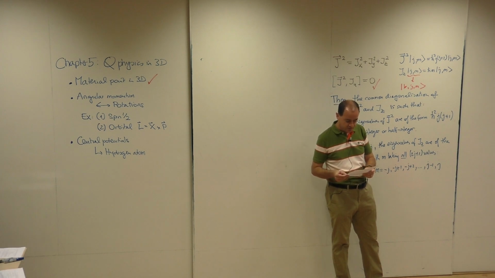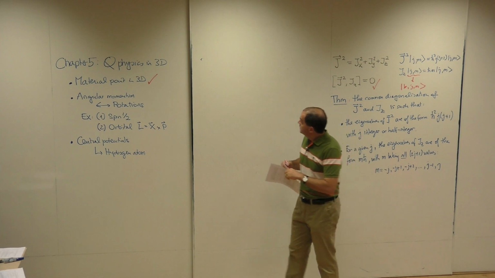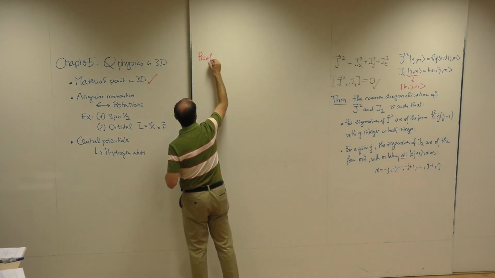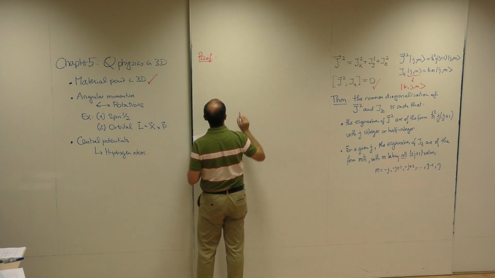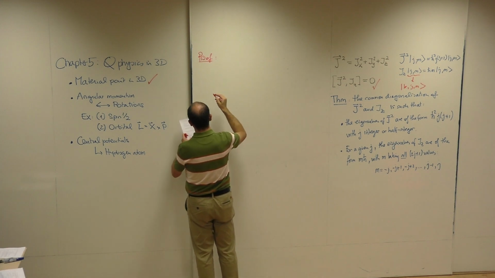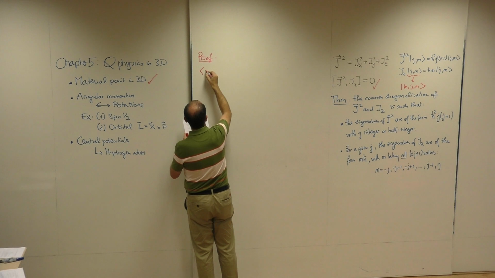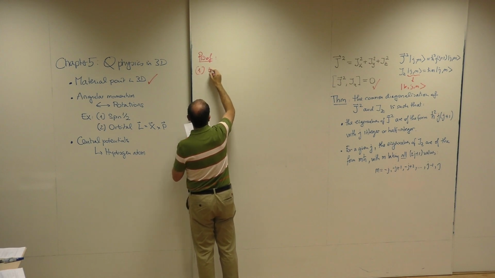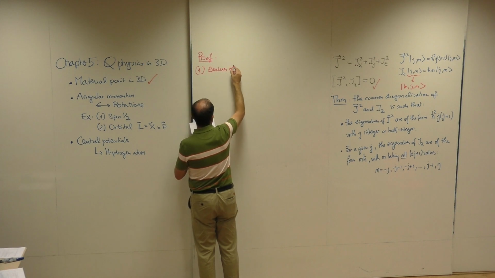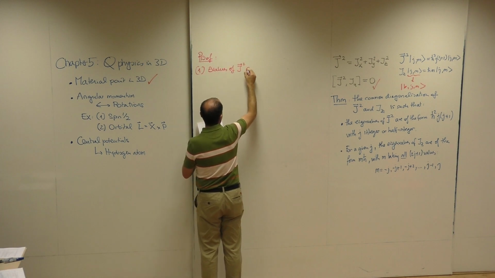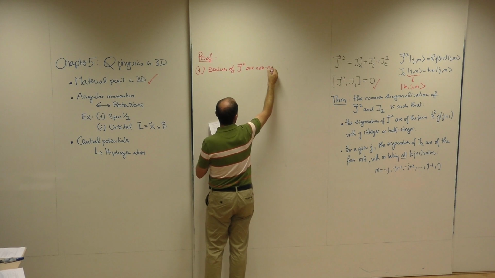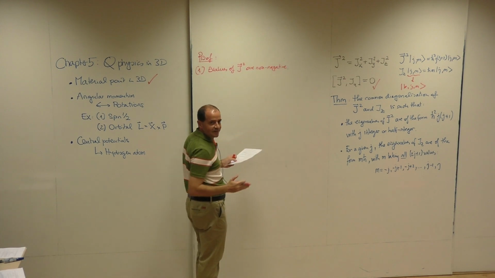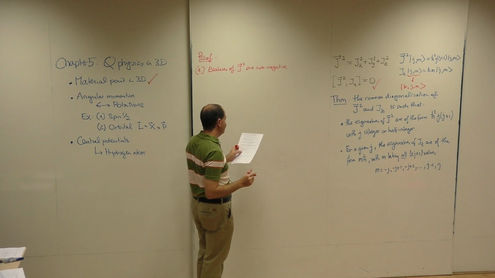Okay, so, exactly, the proof. First of all, exactly like the harmonic oscillator, we see that the eigenvalues, so first point, the eigenvalues of J square are non-negative. Well, it's kind of written there, right?